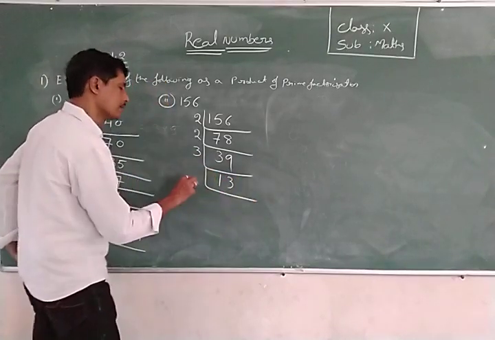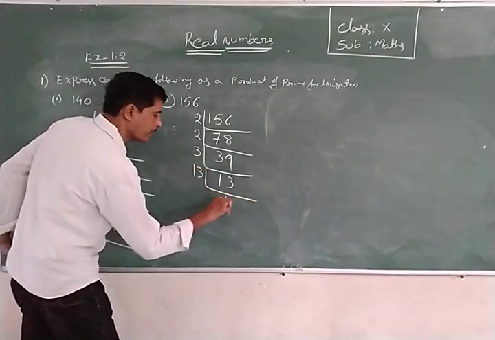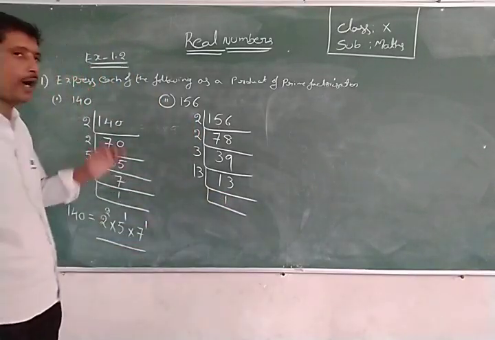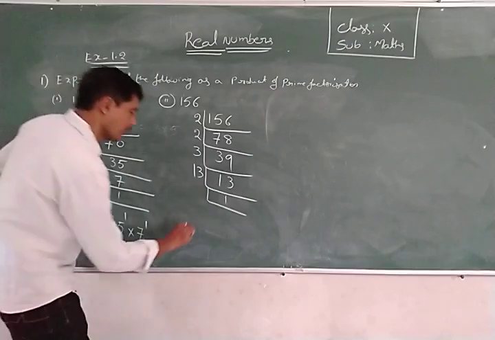Next, 13 is odd, so 13 once. Here 2, 3 and 13 are all prime numbers.